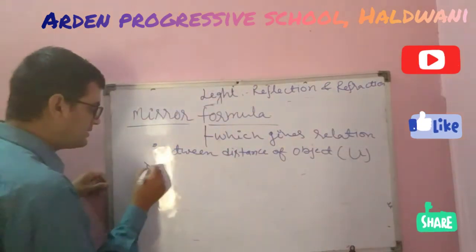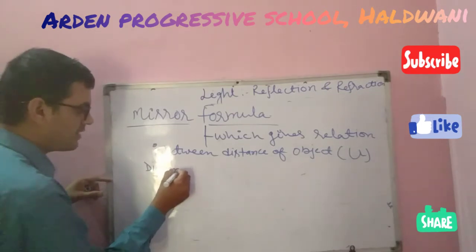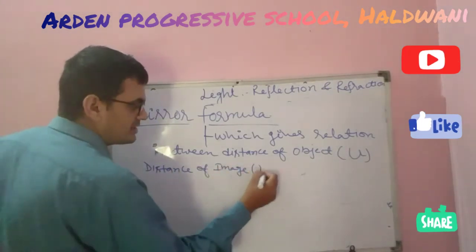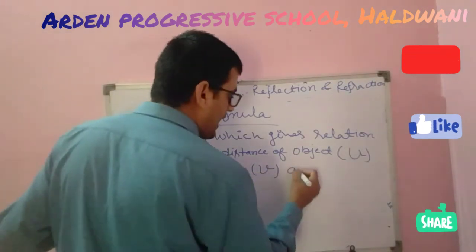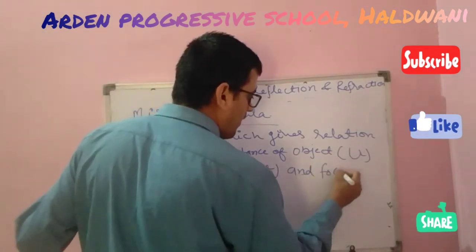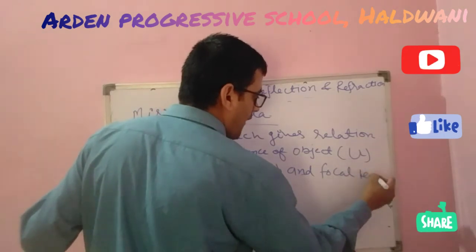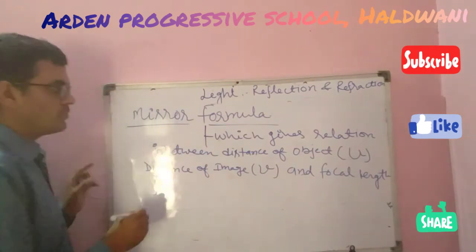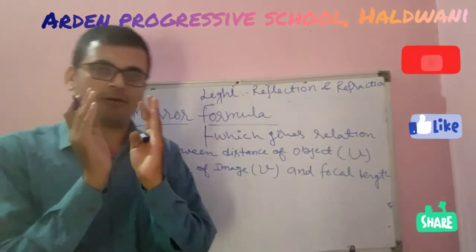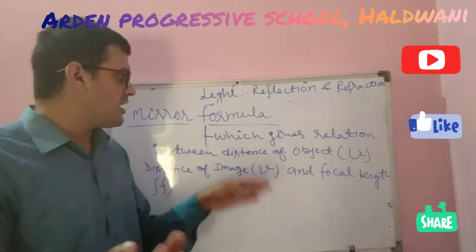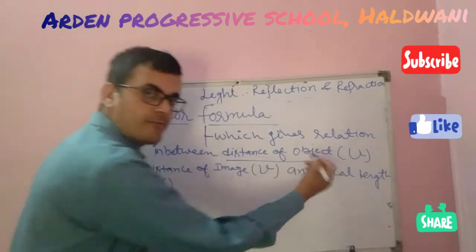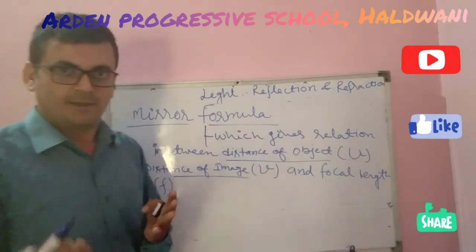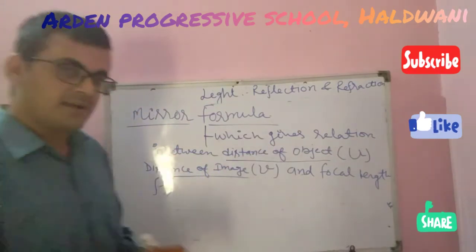Distance of image is represented by v, and focal length is represented by f. So what is the mirror formula? It is a formula which gives the relation between the distance of object, distance of image and the focal length. Getting? So what is that formula?